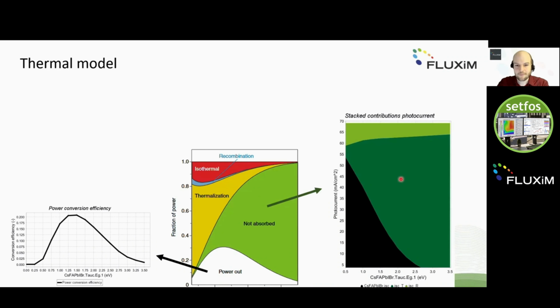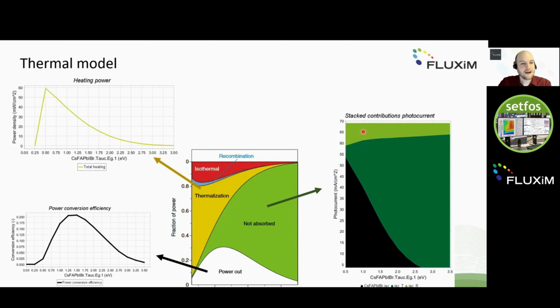You can look at the photons which are not absorbed. The dark green here is transmitted photons through the device which are not absorbed. So you see there's still some reflection.